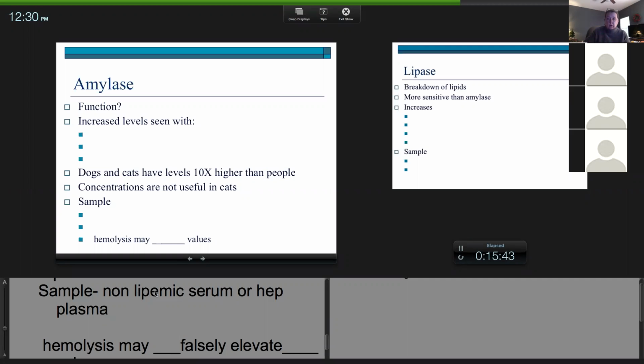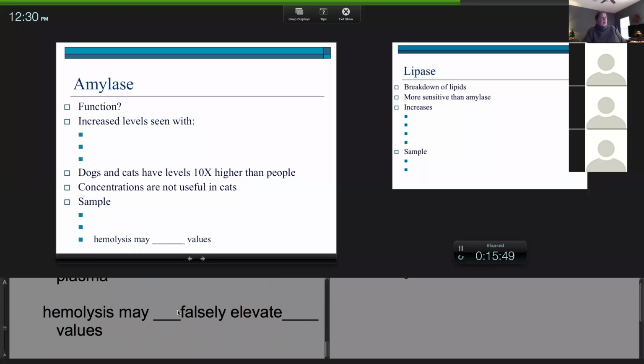So that has to be definitely noted if you note lipemia. And hemolysis can falsely elevate. But again, most of the time, guys, with pancreatitis, this is going to be elevated. And this is what we're going to look at for that test to confirm.